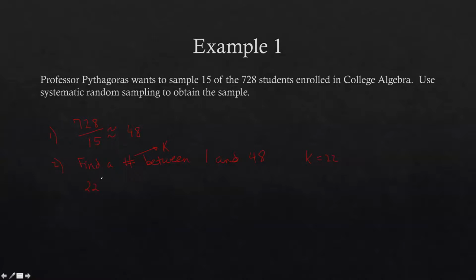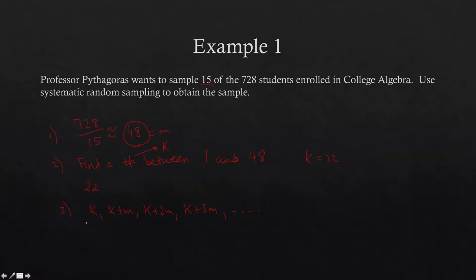Now you want to select those members of the population that are numbered k, k plus m, k plus 2m, and so on. Now, what is m? 48 is m. So in step 3, k is 22, and we want to choose numbers like this. k is our first number, k plus m the second, k plus 2m the third, k plus 3m the fourth, all the way until we get our sample of 15.